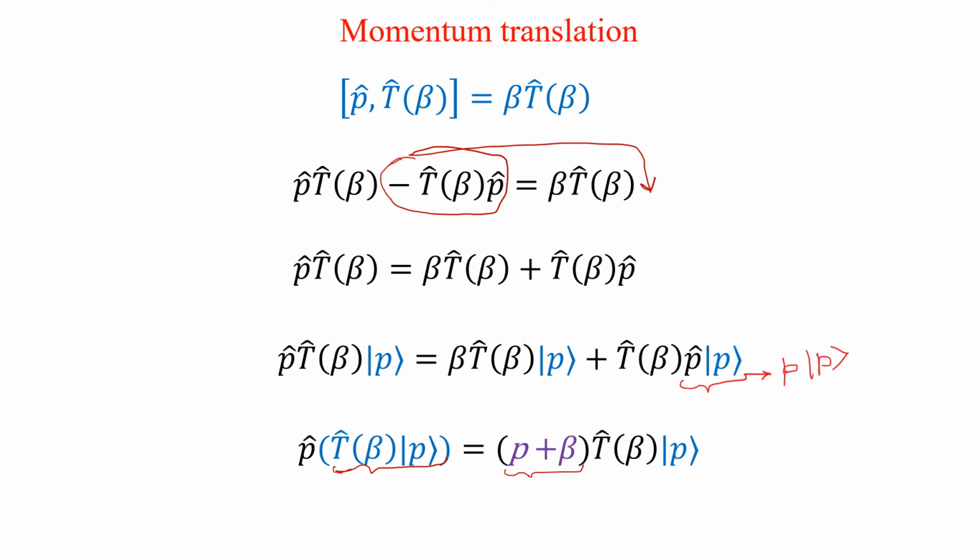Now, when the translation operator acts on the ket vector |p>, then the momentum of the vector changes by an amount beta. That is, p will go to p plus beta. If it is plus, it is plus beta; beta may be along the positive axis or negative axis. So this is about the position and momentum translation operator.